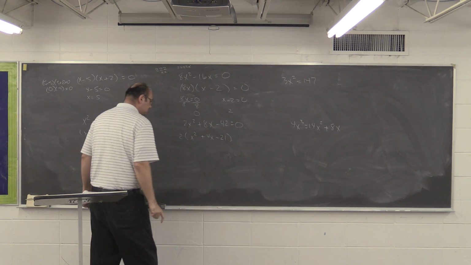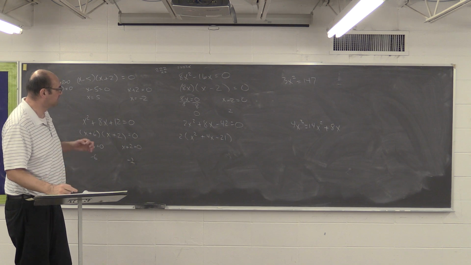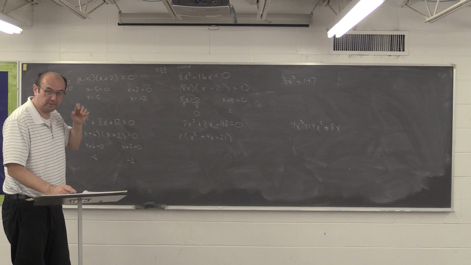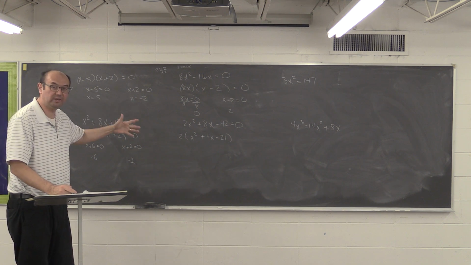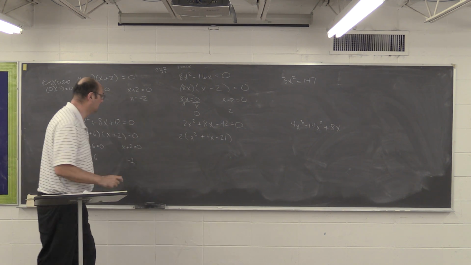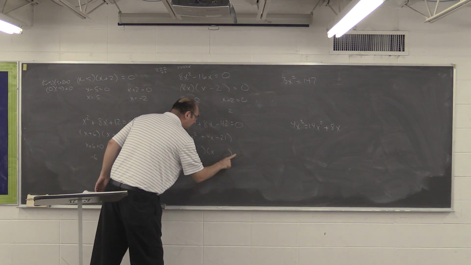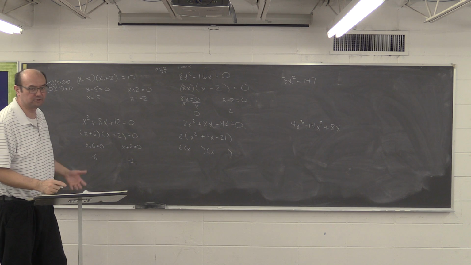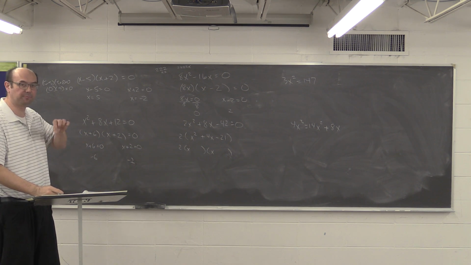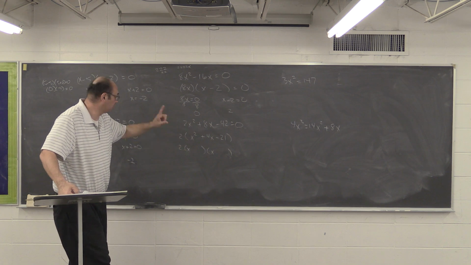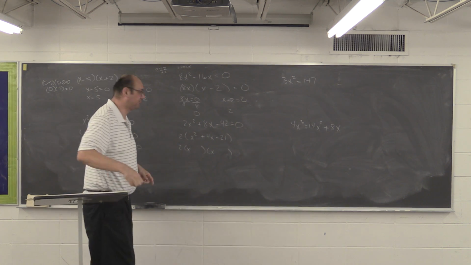All right? So what we do is we end up getting a trinomial like what we just did. So now we're going to break it down further, and we have an x and an x. What are the factors of negative 21 that when multiplied together equal negative 21, but when added equal a positive 4?